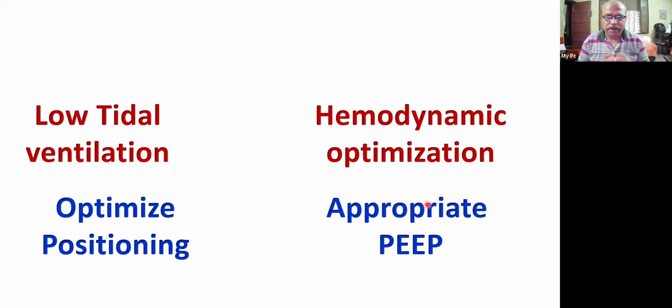Our aim is to maintain the oxygenation, which is acceptable. At the same time, we must prevent ventilator-induced lung injury. So for that, you give a low tidal volume ventilation, hemodynamic optimization has to be done, positioning has to be optimized, and you need to give appropriate PEEP.